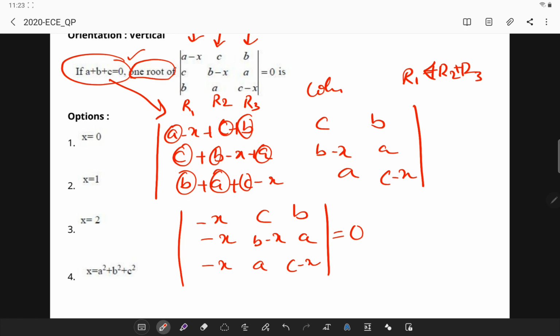So if I take x common, minus 6, 1, 1, 1, c, b, b minus 6, a, c minus 6.